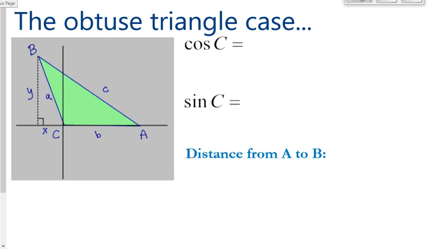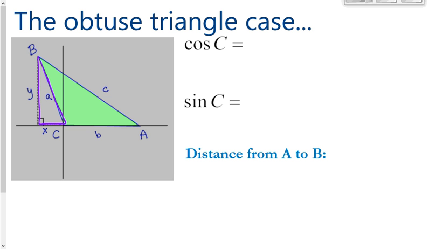So we have an obtuse triangle, ABC, and this time I've put it on a coordinate system because I'm going to take advantage of the distance formula to help me with this part of the proof. And I've dropped a perpendicular from angle B across to the opposite side. So to find the cosine of angle C, I'm going to use the right triangle that's out here.